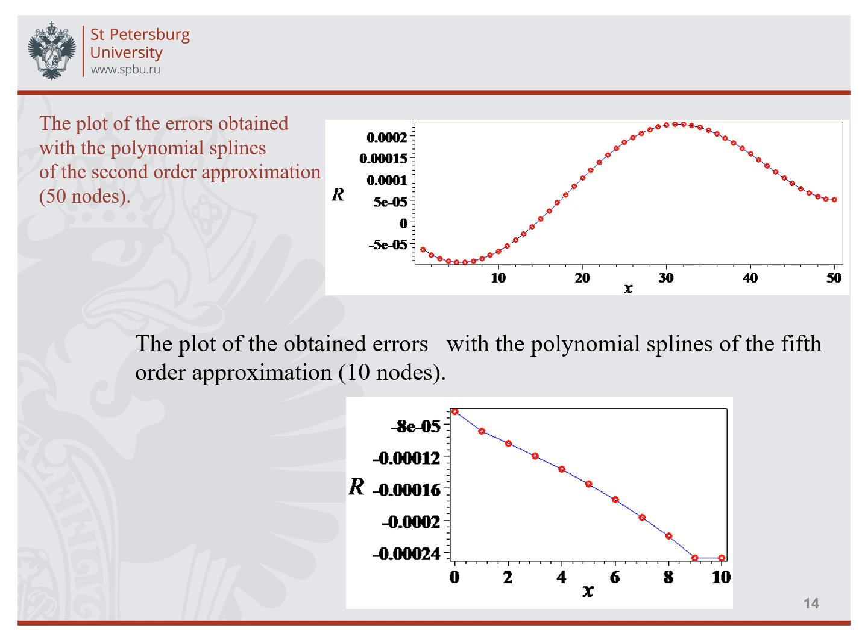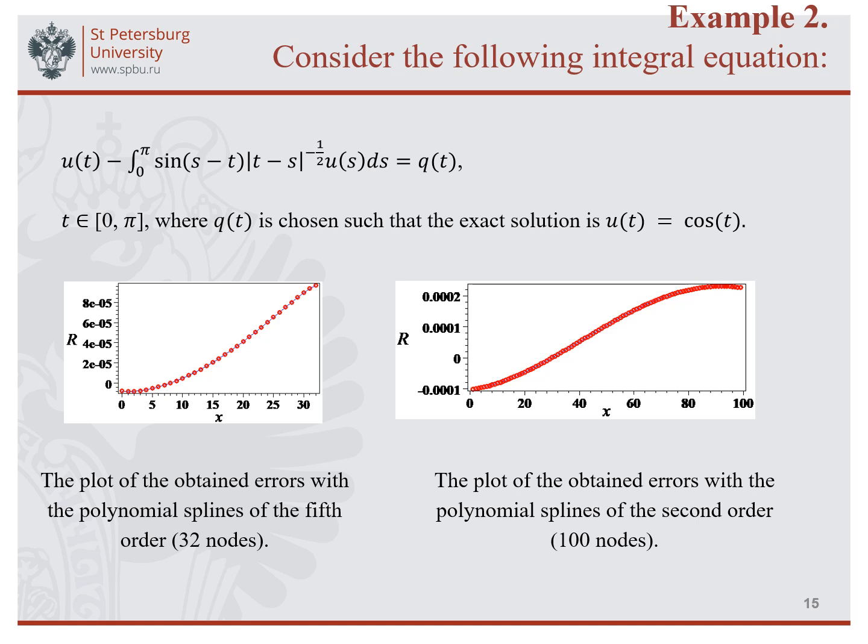So we can see that the error of solution is just the same, but the quantity of nodes differs.